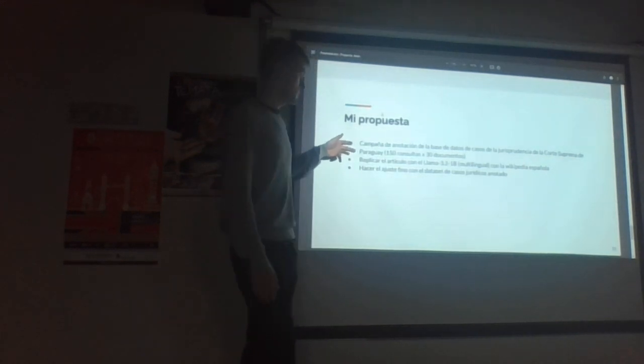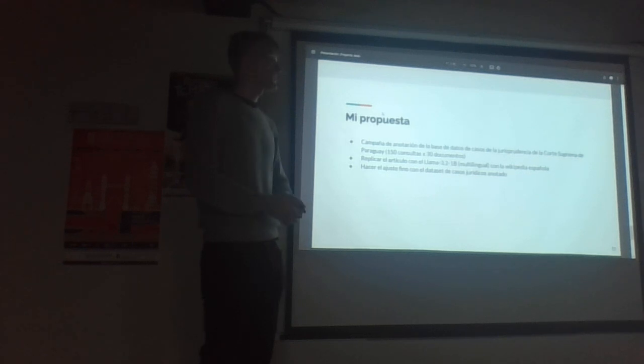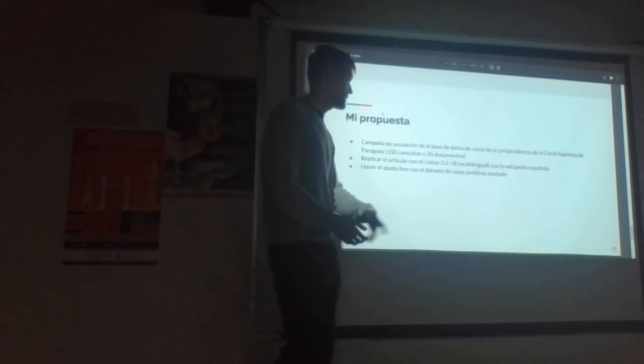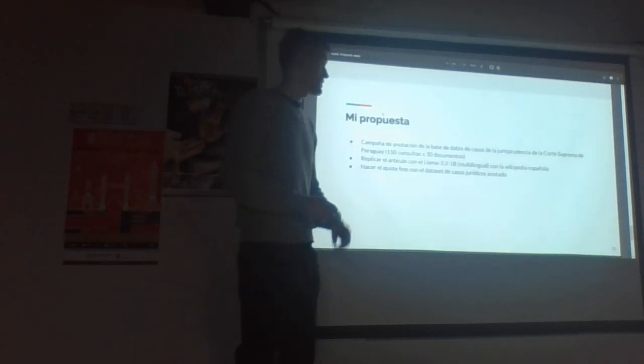After this first step of the annotation, we want to do the same thing they did in the article, but the problem is that the article uses Llama 2, and it only knows English, it's not multilingual.